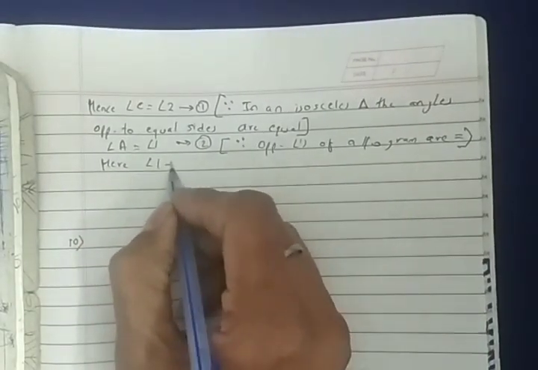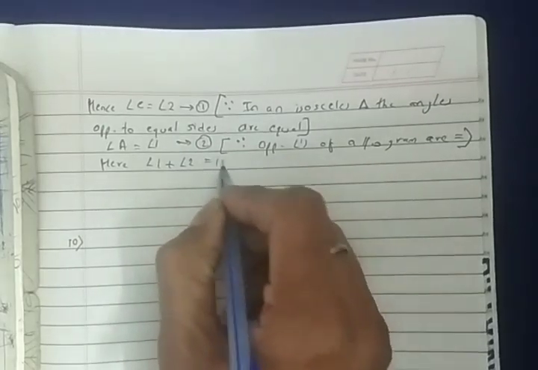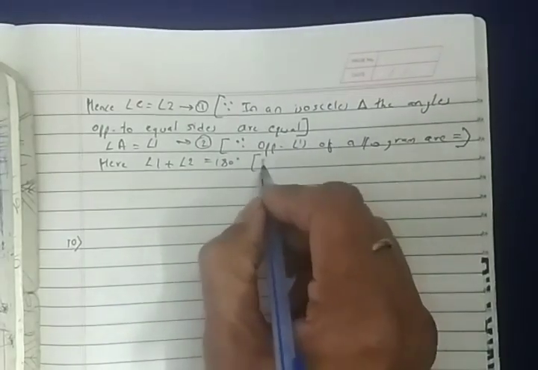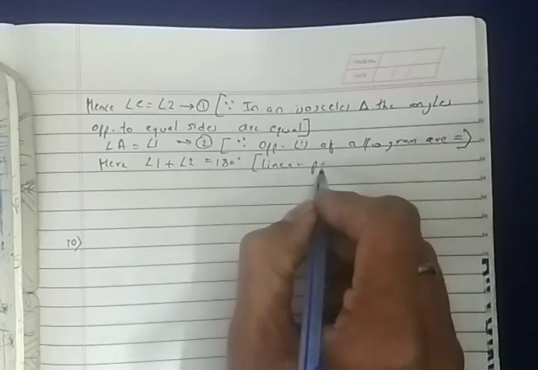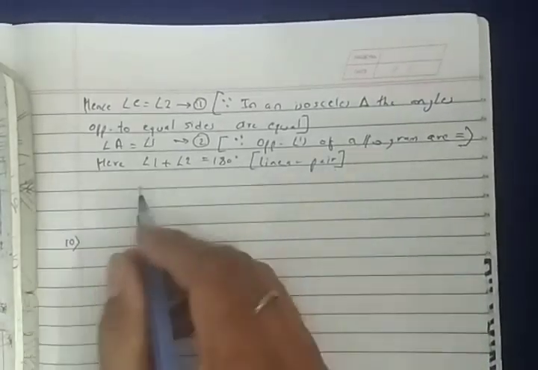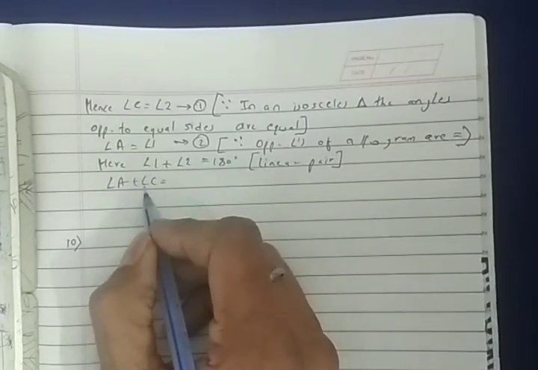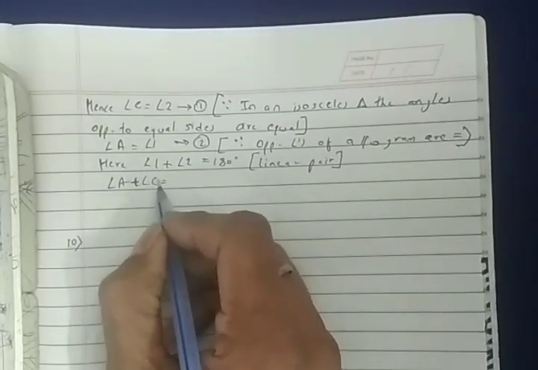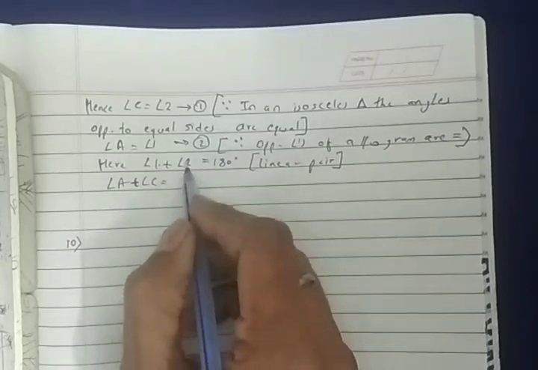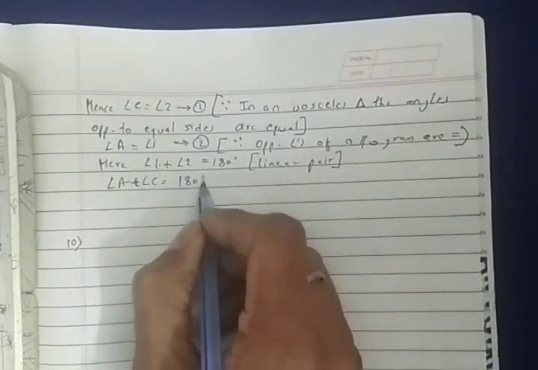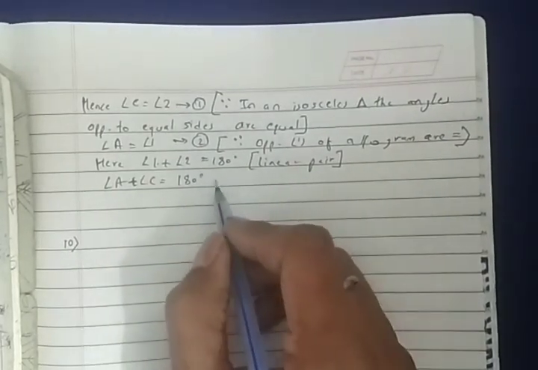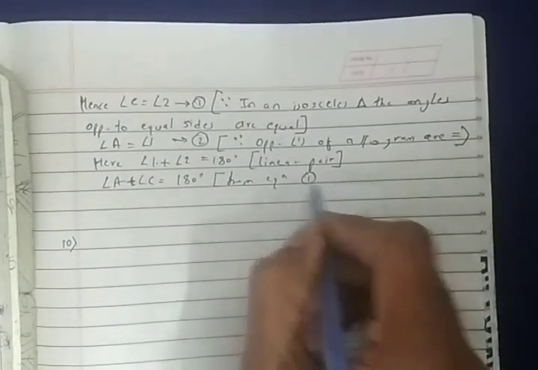Here angle 1 plus angle 2 equal to 180 degrees. Why we can say? Because they are a linear pair. Now angle A plus angle C, we can write in place of angle 1 and 2, will be equal to 180 degrees. This is from equation 1 and 2.